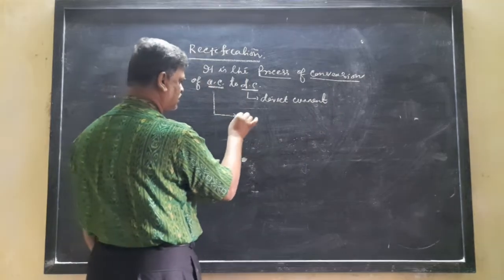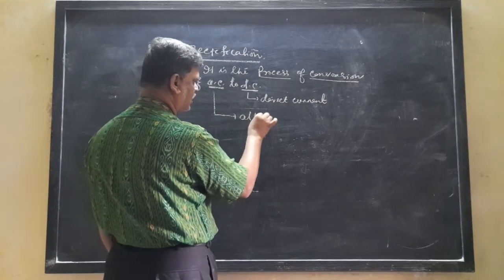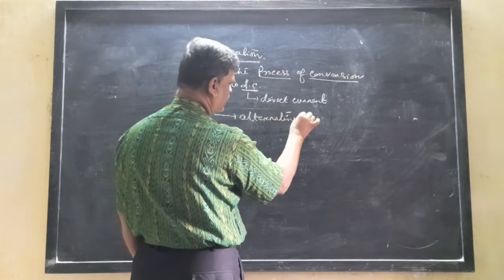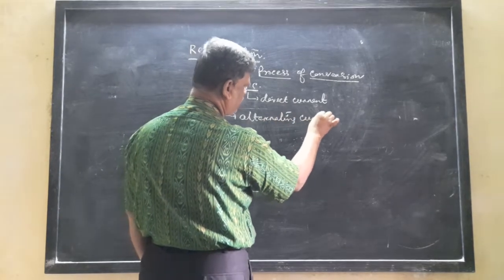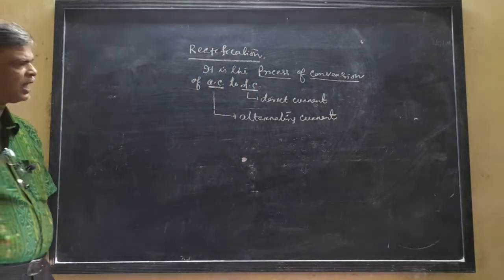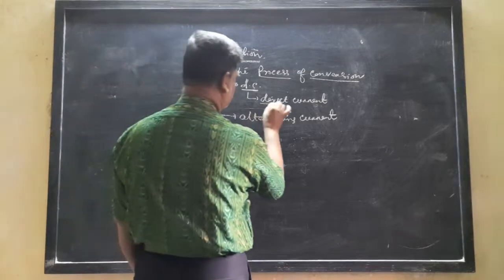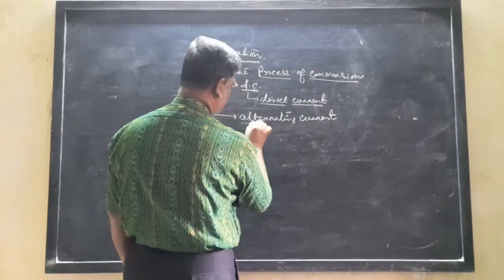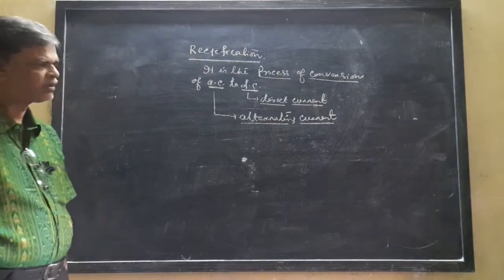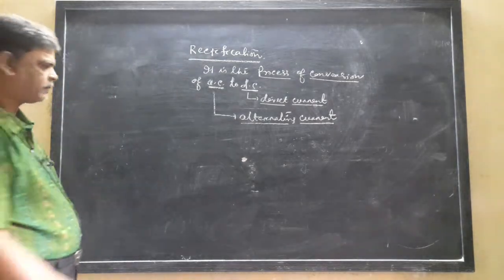AC is alternating current. What do you mean by direct current and what do you mean by alternating current?